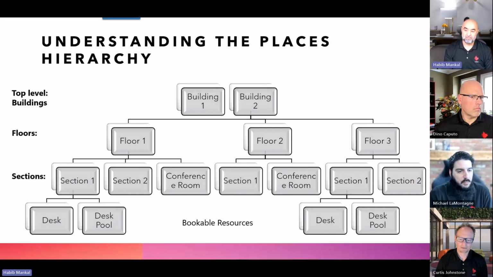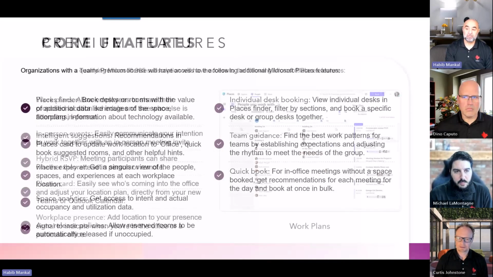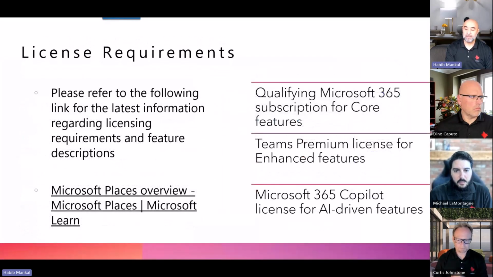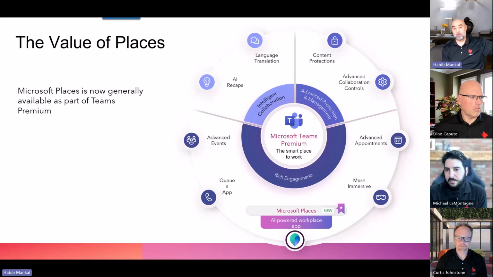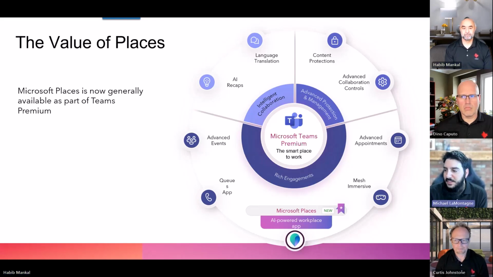But from a Teams Premium perspective, just to go back, you're going to get a bit more functionality than just the general room booking and workspace booking tool. So it's something to think about. Yeah, I think the Places Finder is a big driver to more Teams Premium seats.